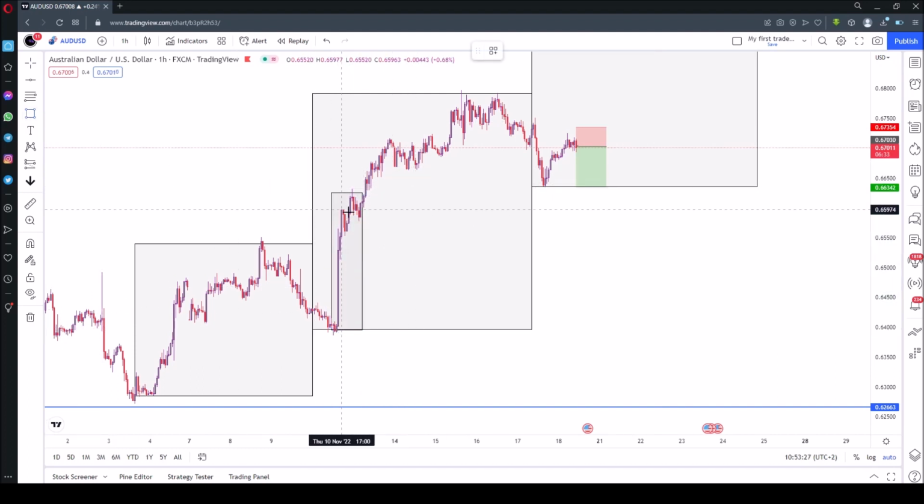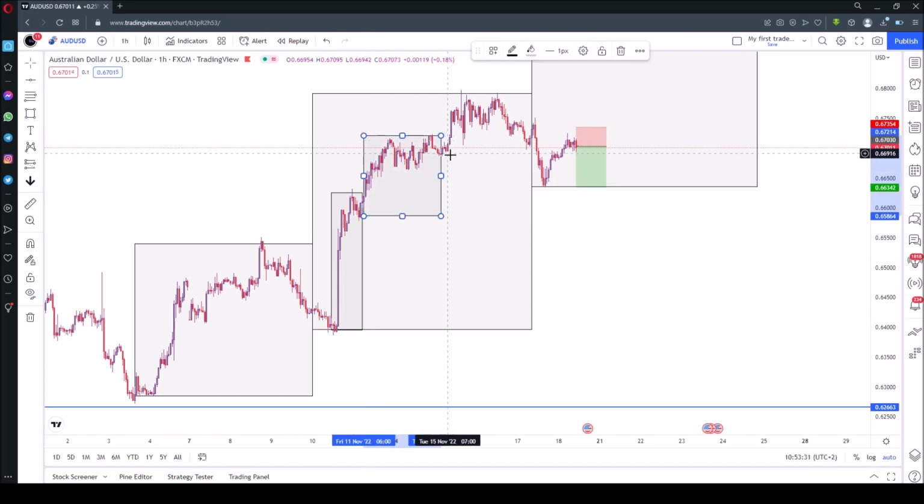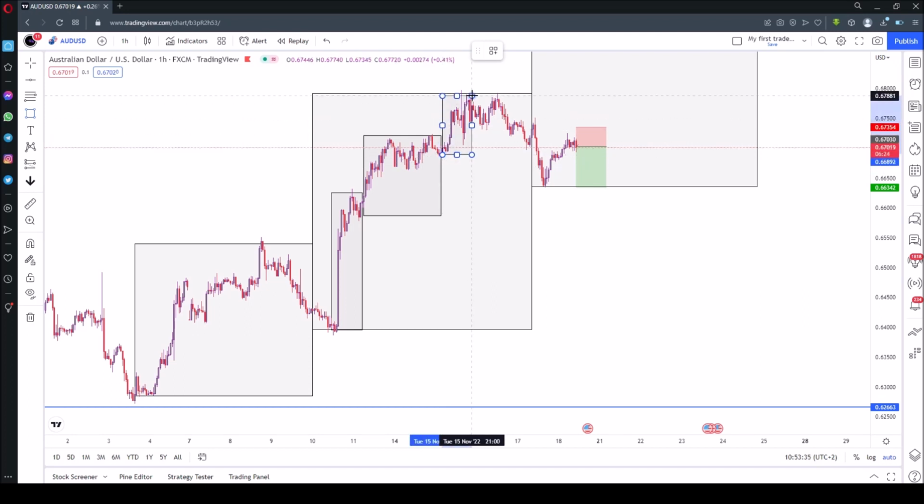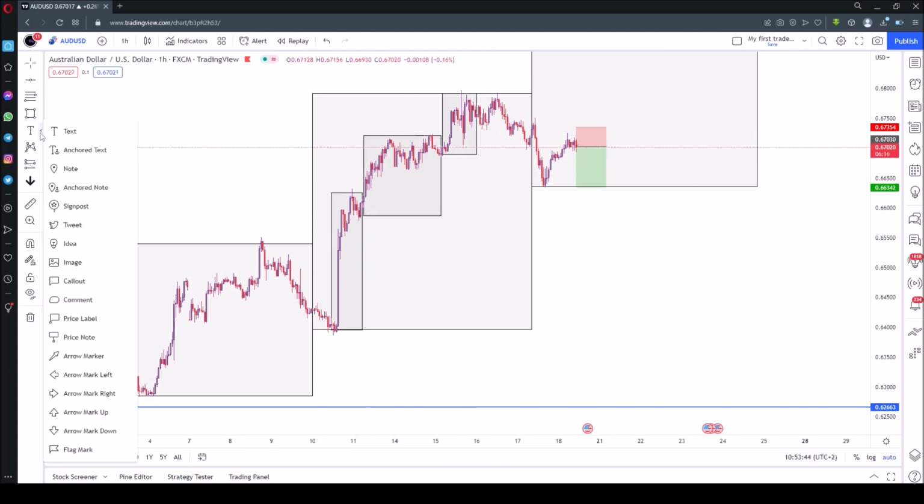1, 2, and then 3. So as I always say, this method requires logic. You need to be always ahead for you to make proper trading decisions.